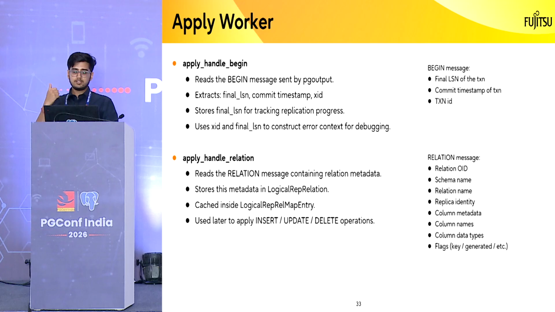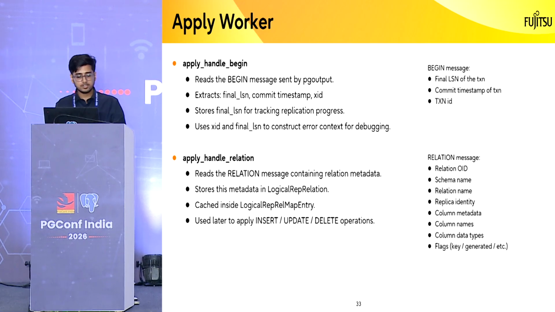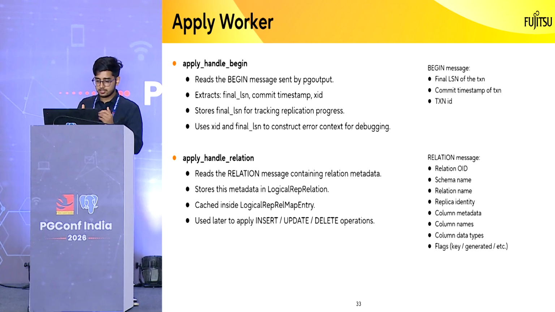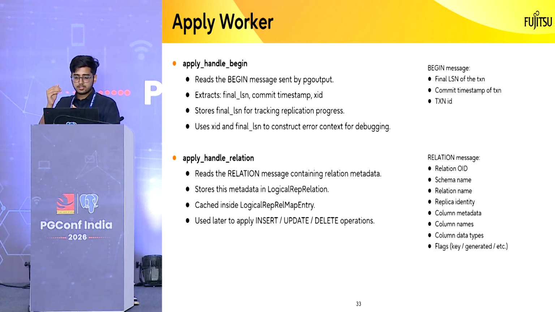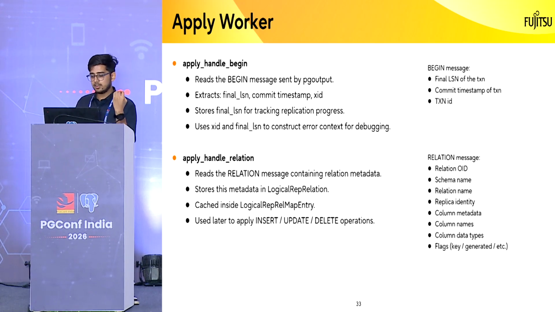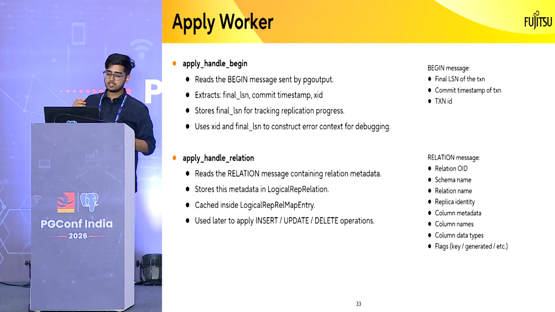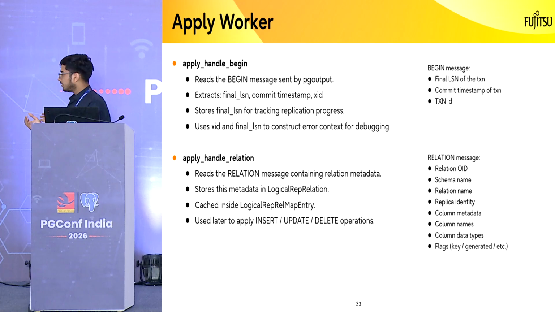Now when the relation message is received, apply handle relation is called, and it will read the relation message, and since it contains the metadata for that relation, it will store it inside a structure called LogicalRepRelation, and cache it inside LogicalRepRelMapEntry.